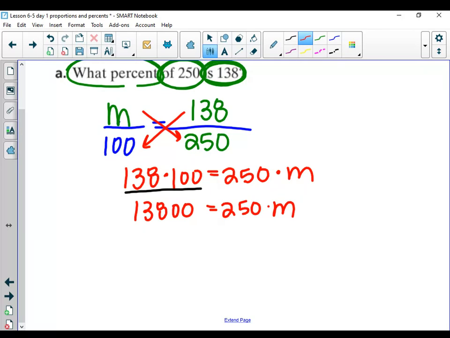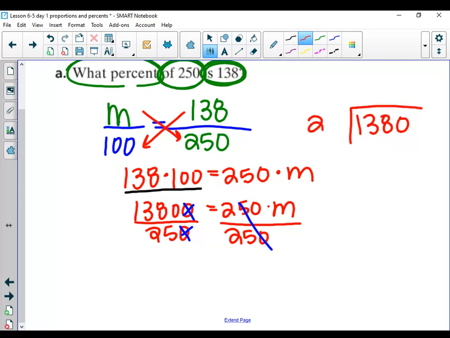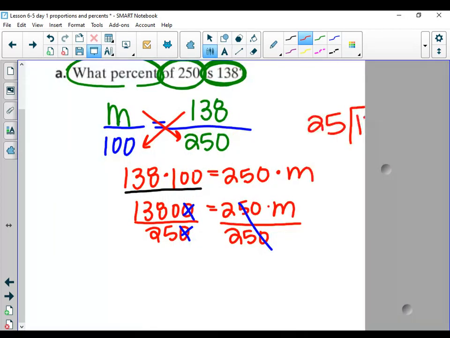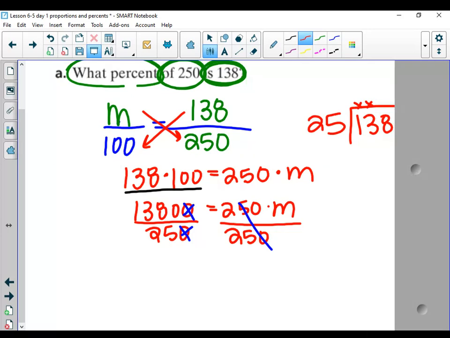What is 250 times M? Zeros trick. 1,380 divided by 25. Go! 25 doesn't fit into 1. Doesn't fit into 13. 25, 50, 75, $1, $1.25.